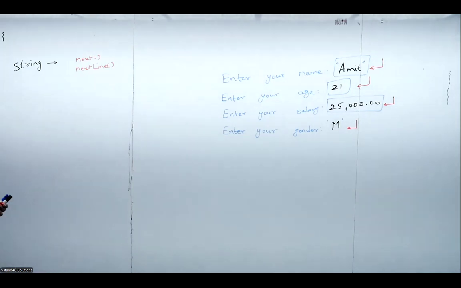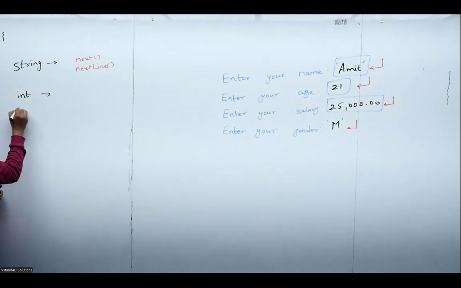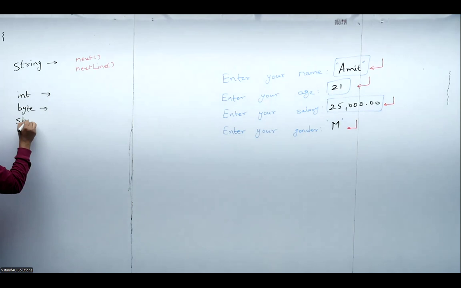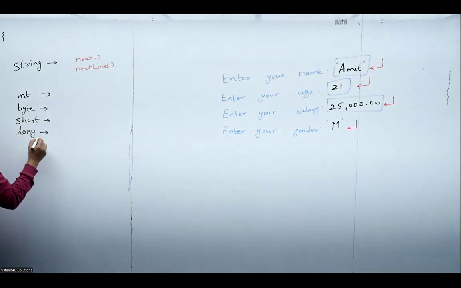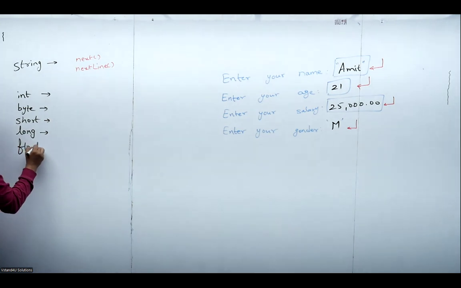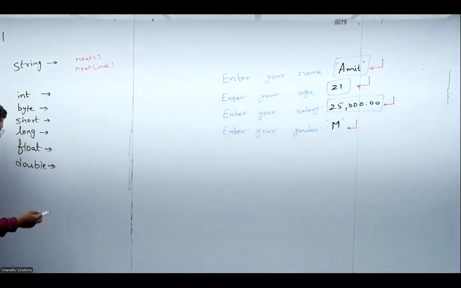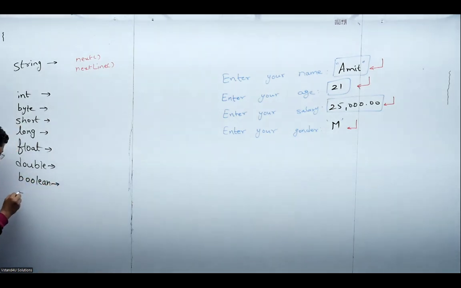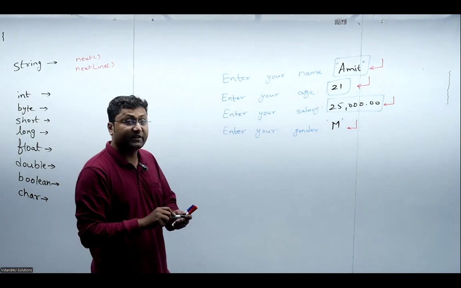So to get the string, I have two options, next or nextLine. Okay, sir, how about other types of data, say integer, byte, short, long, float, double, boolean, character. For different types of data, there are different methods.